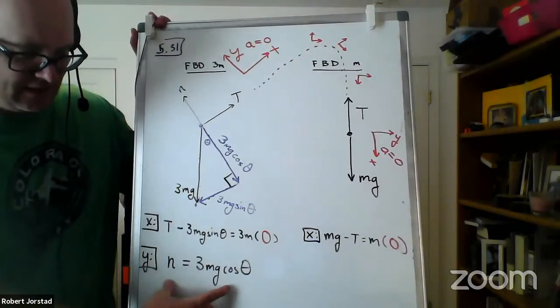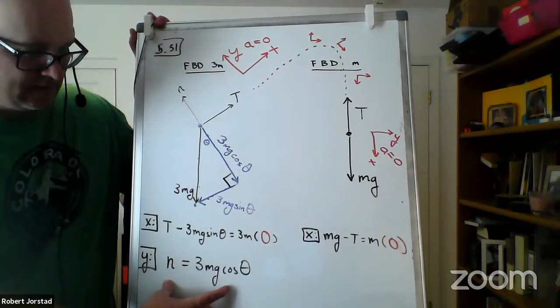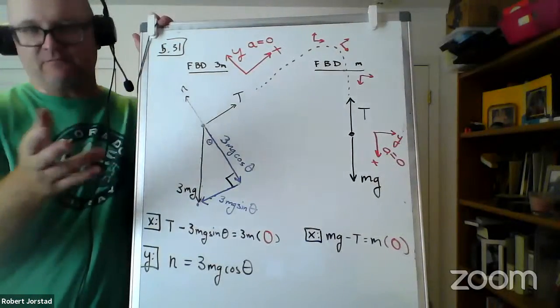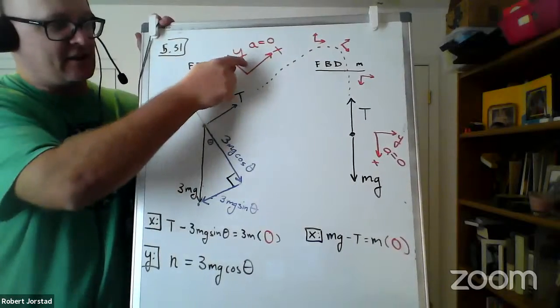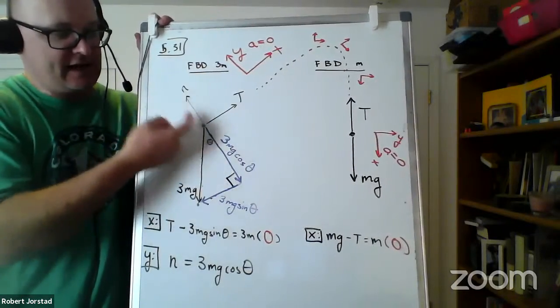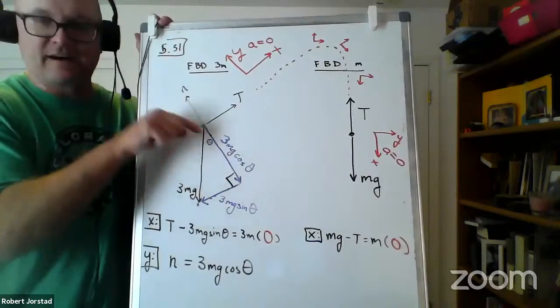What was I doing here? You saw that A was 0, so you just added the negative 3mg cosine theta. It's basically what you said mathematically, but this was the reason in my mind. If acceleration is 0 up and down, all the arrows up equal all the arrows down.